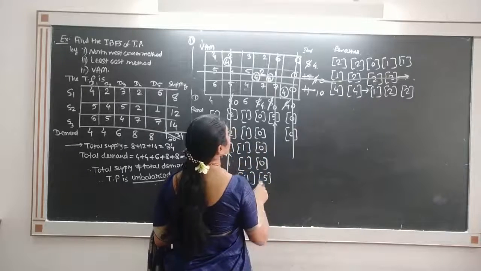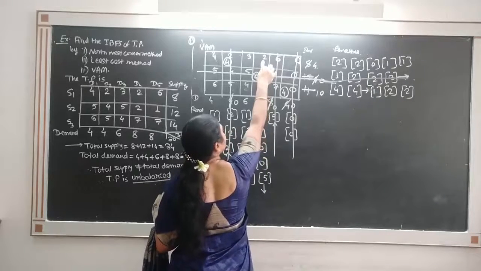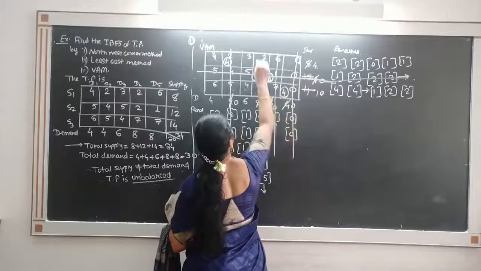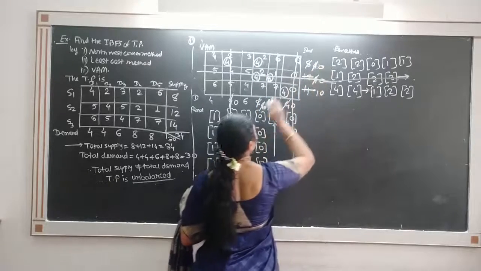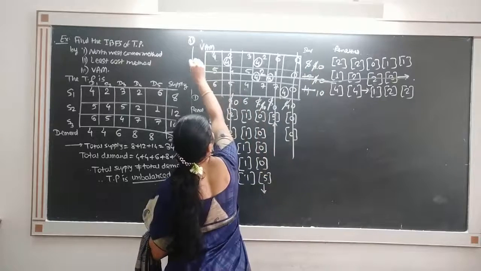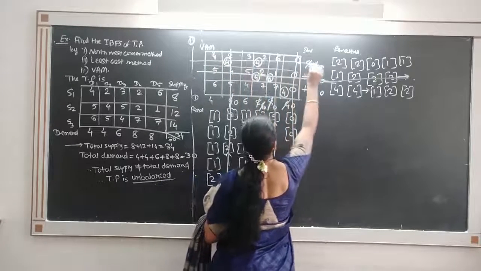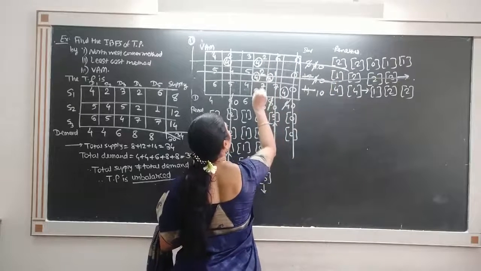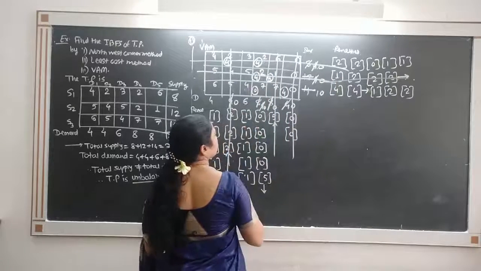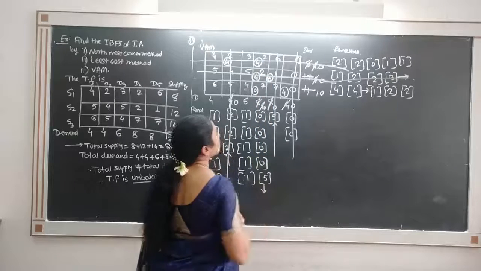In this largest penalty, lowest cost is 2. Allocate 4 to that. Both become 0 simultaneously. Cross out any one. So I will cross out this row, supposing having supply, and in the uncrossed row, I will allocate 0.